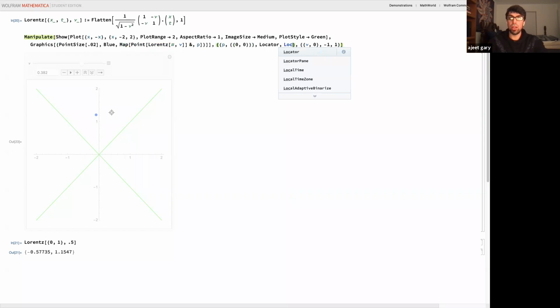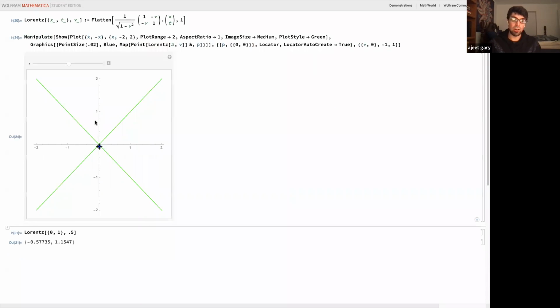And we're going to do something called LocatorAutoCreate to True, which I think I talked about before. So what happens now? We get the same thing, but now if I command click, I can create multiple points. And now P is a list of points, and our whole Lorentz thingy here maps over the list of points. Now we see how they all move under a Lorentz transformation. Cool.